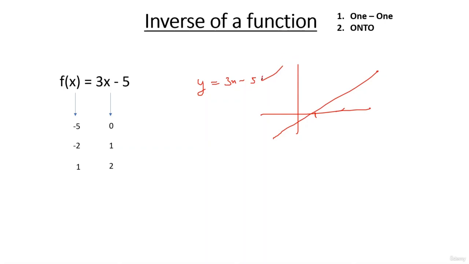As I told you in the previous class, linear equations are always one-one. Is it onto? Yes, because I have taken the domain and the range both as real numbers, and y is also assuming real numbers, right? So guys, always remember, linear functions are always bijective in nature, always. Whenever ax + by + c = 0, they are always bijective, unless you are manipulating the codomain. So y = 3x - 5 is definitely one-one and onto. That means the inverse will exist.